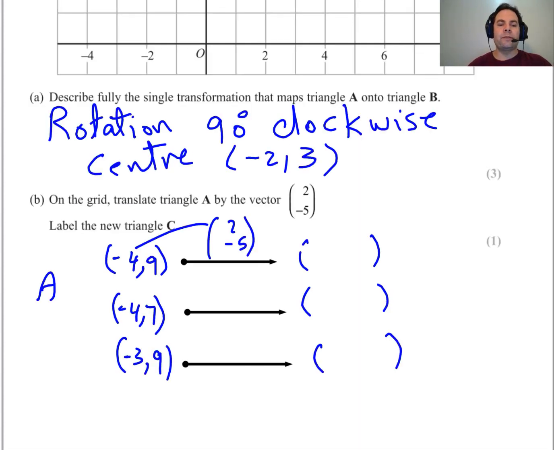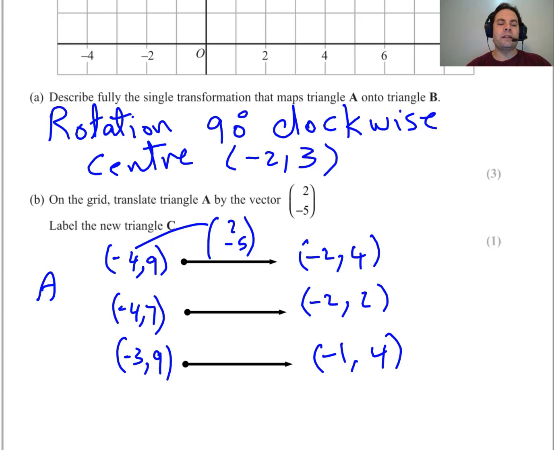Or you can write the points of triangle A like this, and the vector 2 and -5, by adding x to x and y to y. -4 plus 2 is -2. 9 minus 5 is 4. -4 plus 2 is -2. 7 minus 5 is 2. -3 plus 2 is -1. 9 minus 5 is 4.